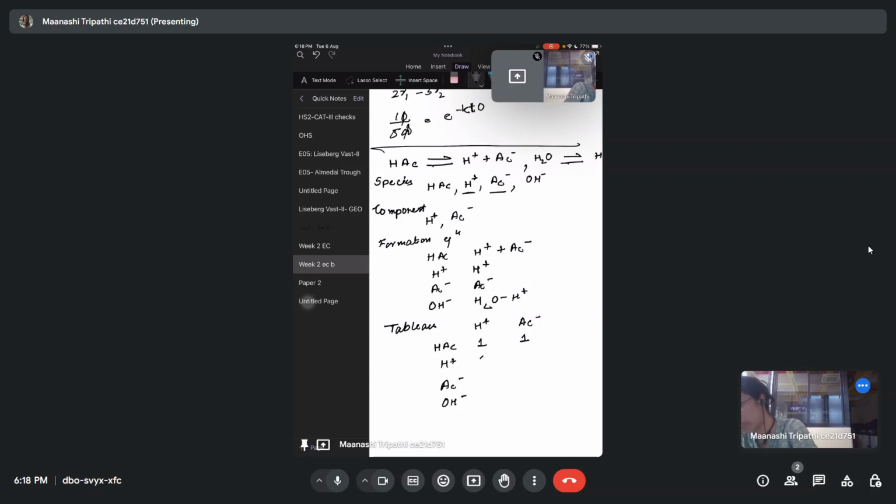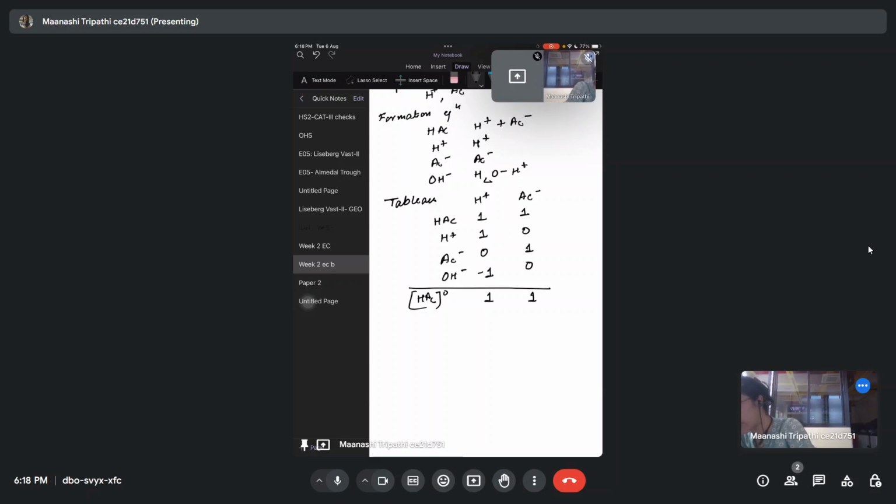For H plus, it's 1 and 0. For Ac, it's 0 and 1. And for OH, it's minus 1 and 0. Now we have our recipe. This is the initial thing that we have kept. So for preparing HAc, it is 1, 1. Now we will write the equations.